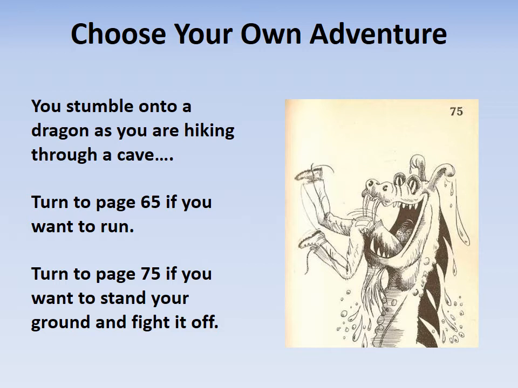So you stumble onto a dragon as you're hiking through a cave. Turn to page 65 if you want to run away. Turn to page 75 if you want to stand your ground and fight. And so then you're going to go to whatever page you want your next step to be.